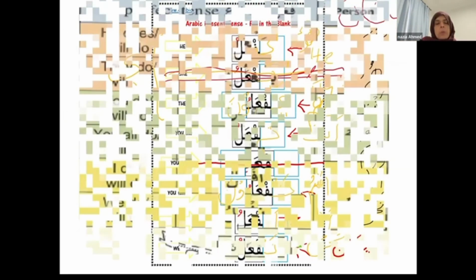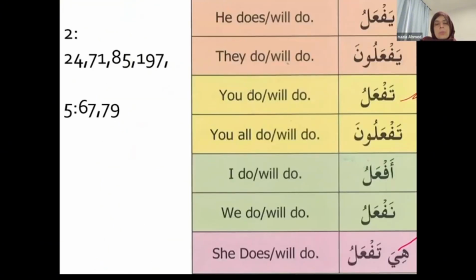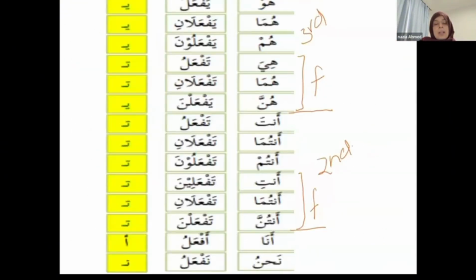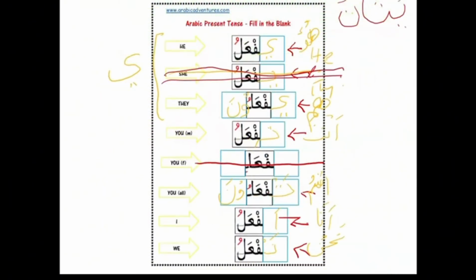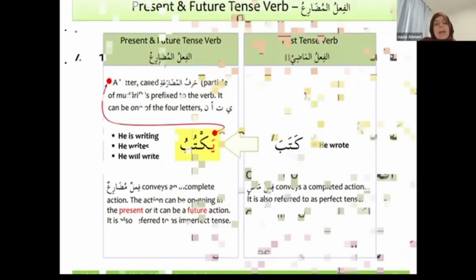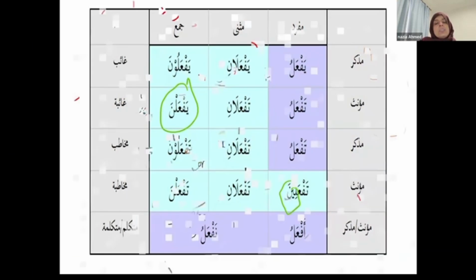Remember we talked about, so who remembers now how many molds were in the past tense? How many molds? Three. Very good. So it was fa'ala, fa'ila, fa'ula. All the change was taking place on what letter? The middle letter. It's called kalima ain. All the changes were taking place on kalima ain.